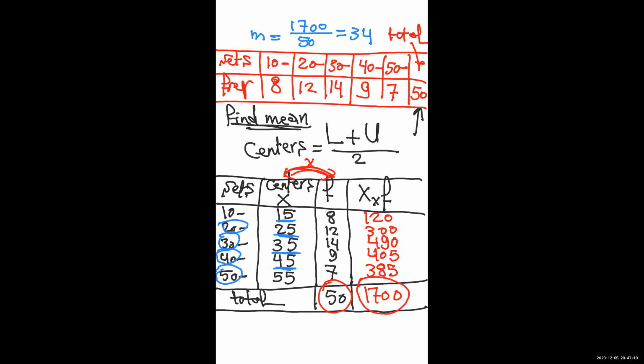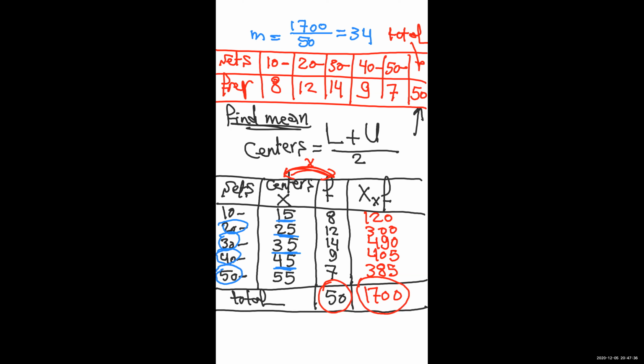Then 50 plus 60, of course, because the next one will be 60, because the length of the set equals 10. So 50 plus 60 divided by 2 means 55. Okay, guys, now this point is clear? Yes, Mister.